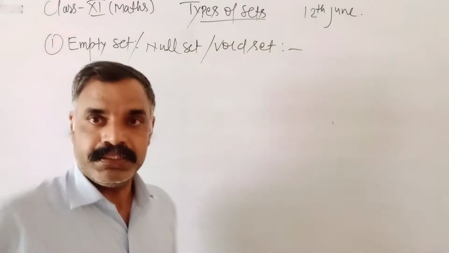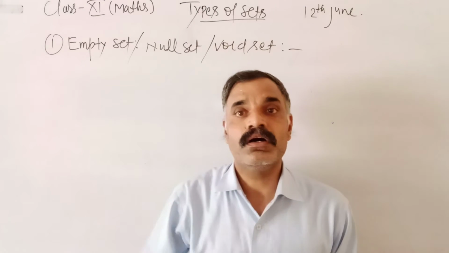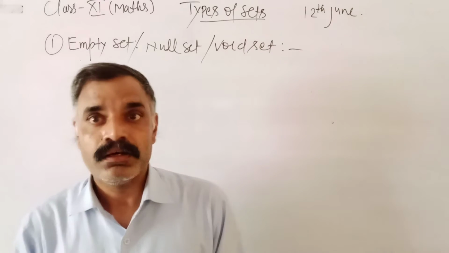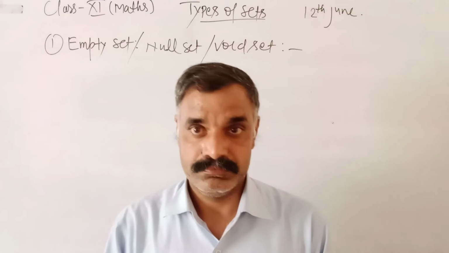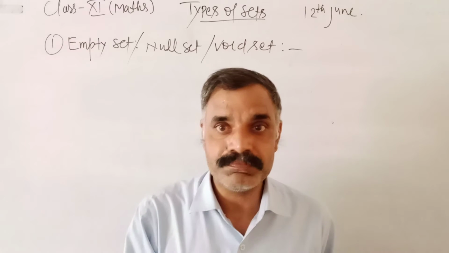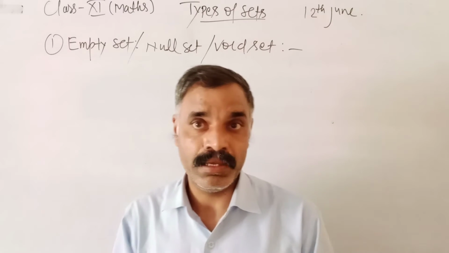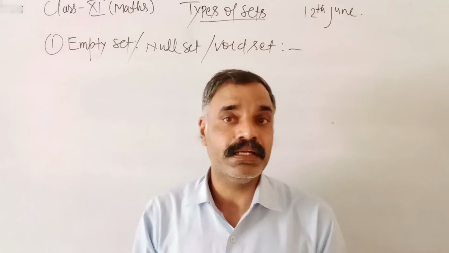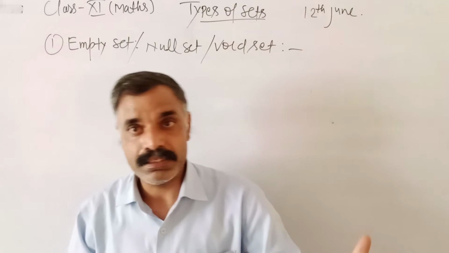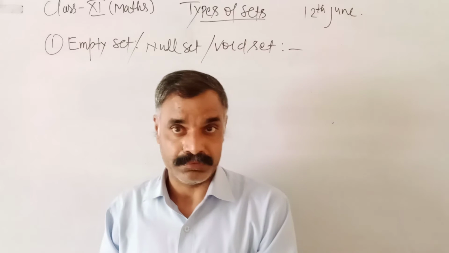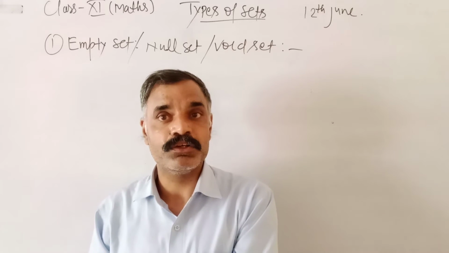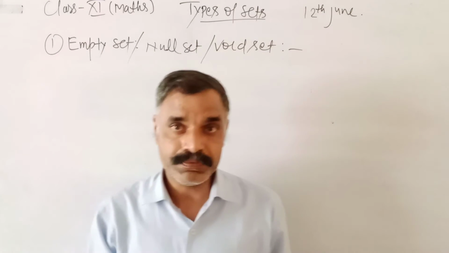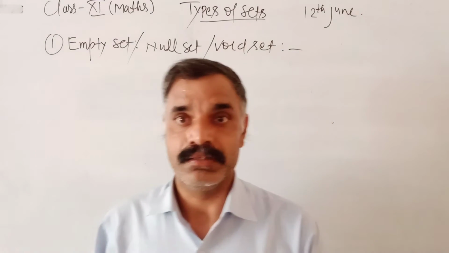Empty set, null set or void set, all these terms are the same, all denoting the same set. As the name is indicating, empty set means having no element. Set is empty means there is no element.